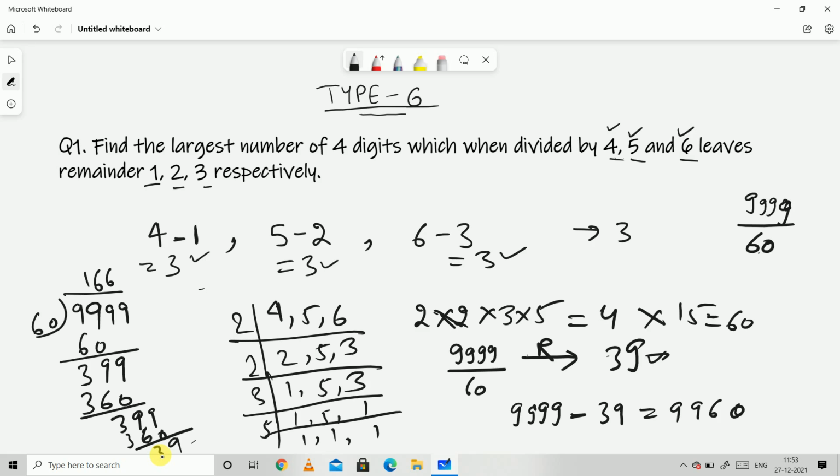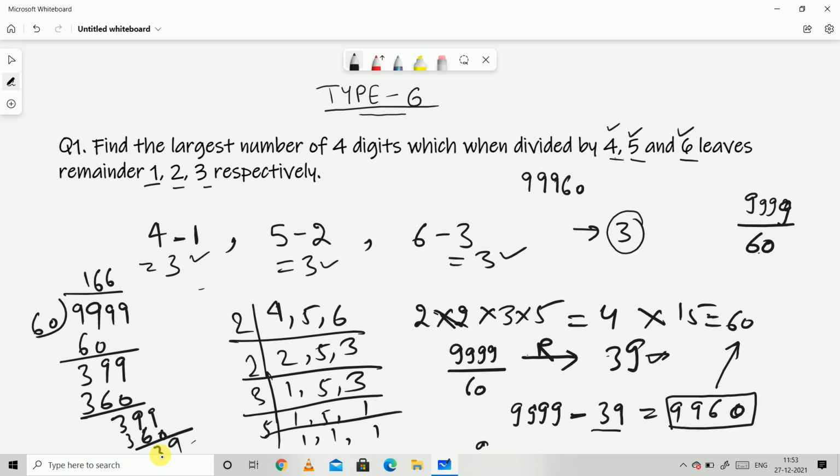To make it completely divisible we need to remove that extra part, so we subtracted that 39. Now 9960 is completely divisible by 60, right? That is how we used to do it in previous questions. But here one more thing is that we have a common difference of 3. So just subtract that common difference from 9960.